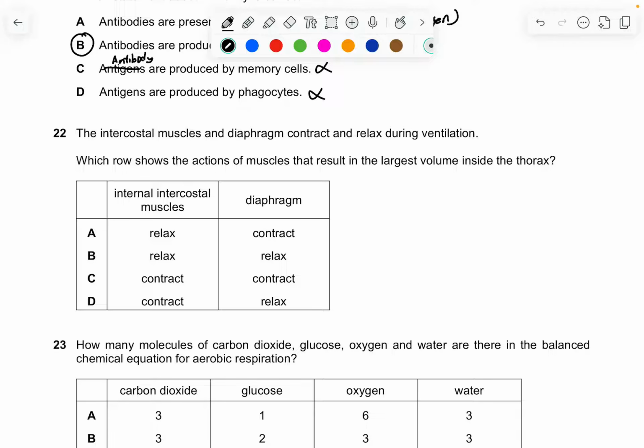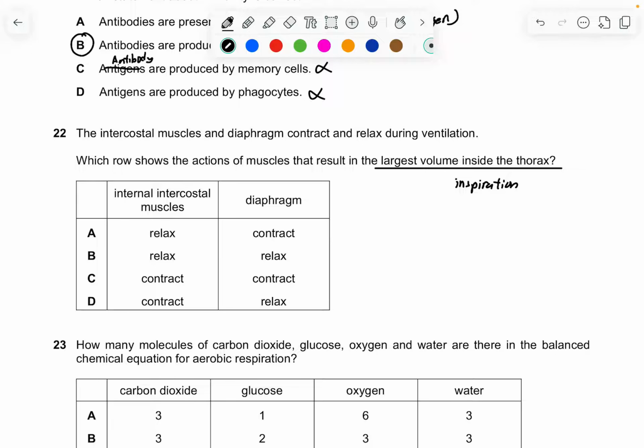Question 22. The intercostal muscles and diaphragm contract and relax during ventilation. Which row shows the actions of the muscles that result in a large volume inside the thorax? A large volume inside the thorax indicates inspiration, because all of the air is rushed in.